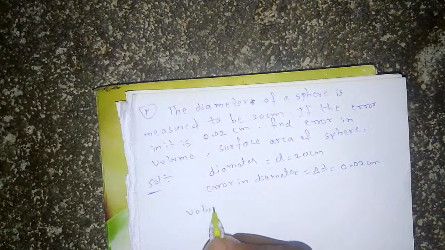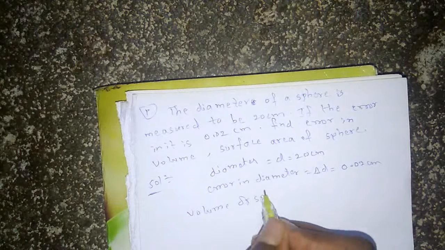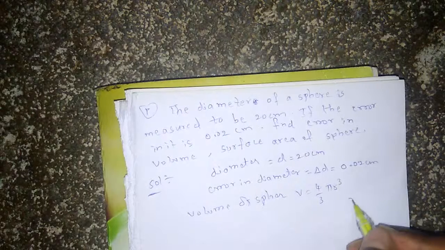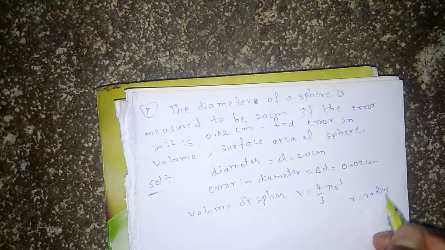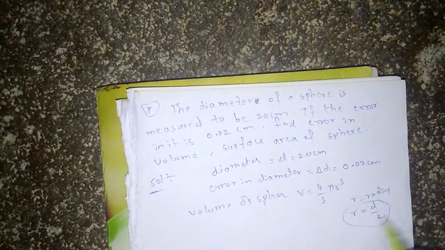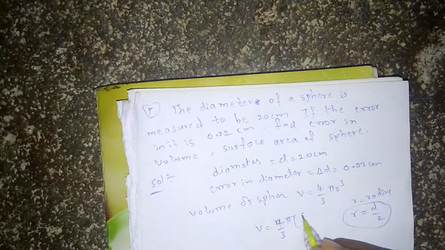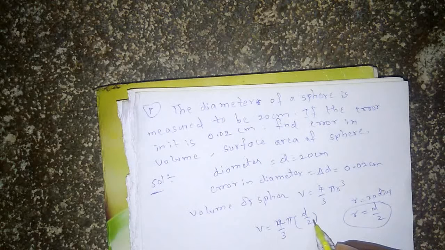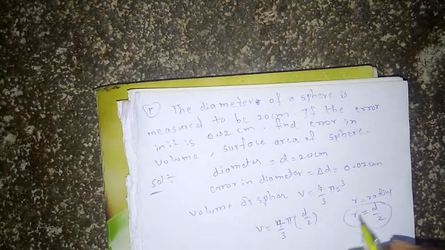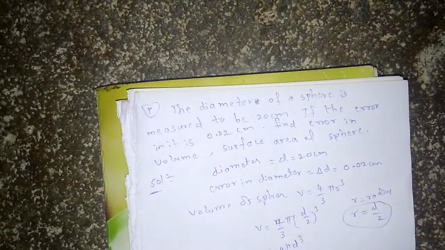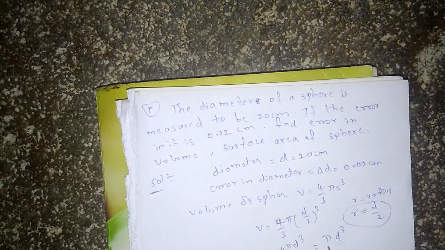Now volume of sphere is V is equal to 4 by 3 pi r cube, where r is equal to radius, that is equal to d by 2. Substitute here 4 by 3 pi into d by 2 whole cube, that is 4 pi d cube by 3 into 8, that is pi d cube by 6.